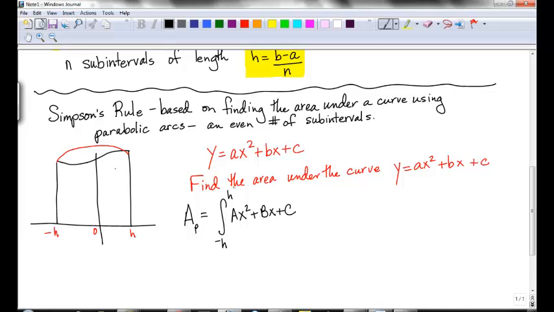Now this is very similar to what we did on the polynomials, doing a definite integral. Add 1 to the exponent, divide by the new exponent, and then we sub in.